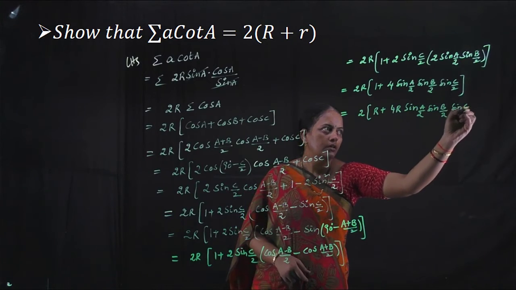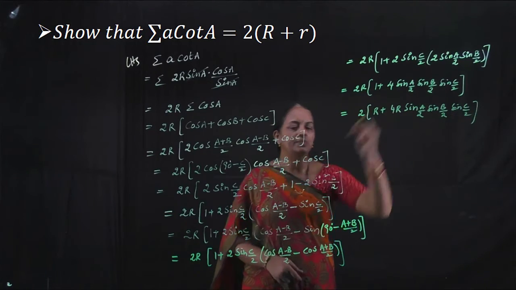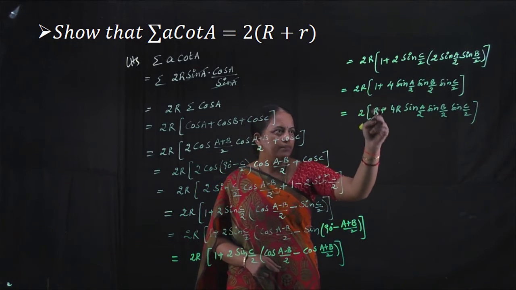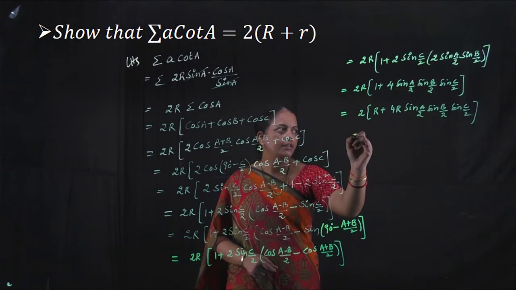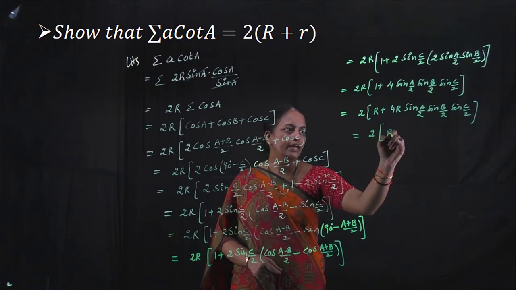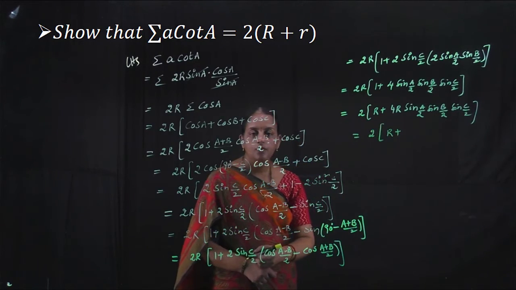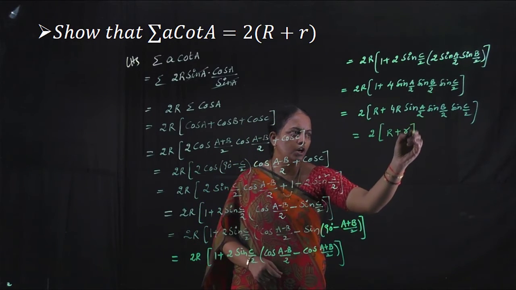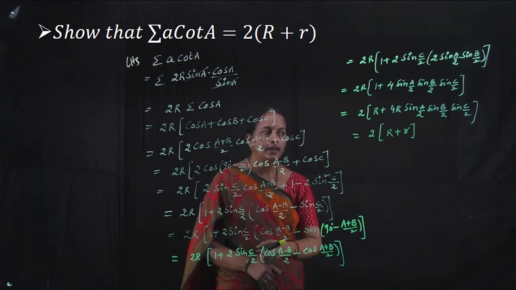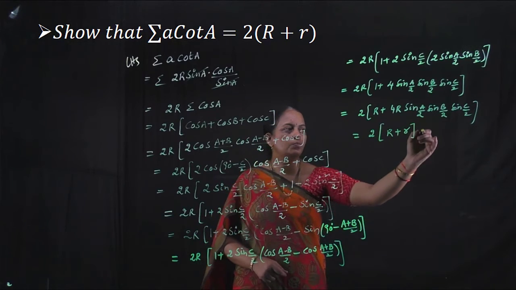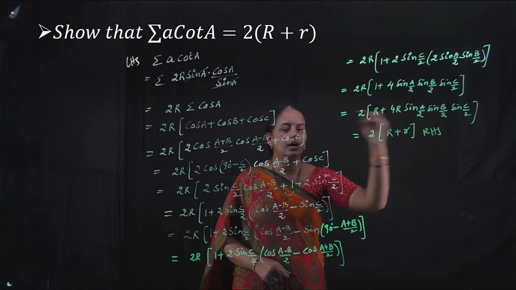Okay, here we can take capital R inside, so that is equal to 2 into 1 into capital R plus 4r sin A by 2 sin B by 2 sin C by 2. This is equal to 2 into capital R plus, we know that 4R sin A by 2 sin B by 2 sin C by 2 means small r. Therefore, a cot A plus b cot B plus c cot C is equal to 2 times of capital R plus small r, which is equal to RHS.